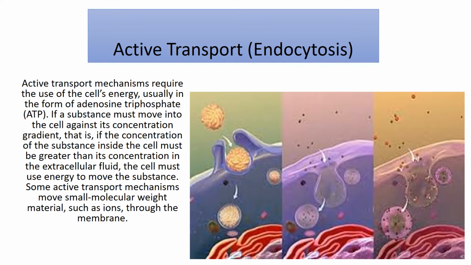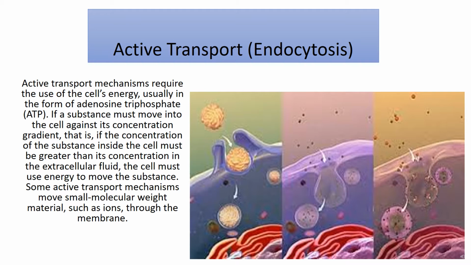Let's move towards active transport. The entry of materials into the cell is called endocytosis. Remember one thing, we are talking about the first type of active transport, which is endocytosis.